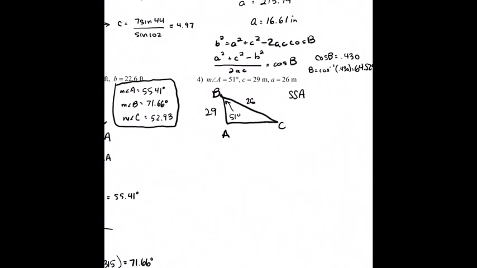If the angle had been up here in between where these two sides come together to form the angle, that would have been side-angle-side, but the angle isn't between the sides, so it's side-side-angle. Side-side-angle was that special case of the law of sines, where, if you remember, we talked about this back in section 4.1 in the notes.